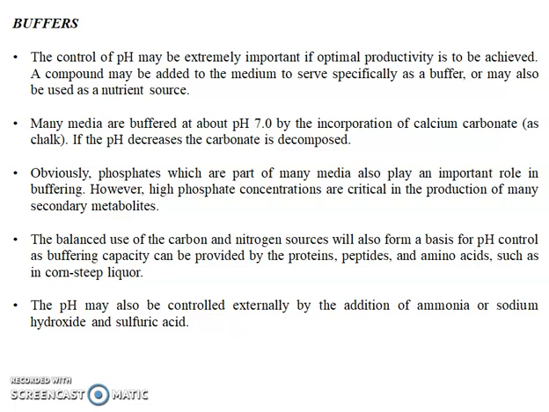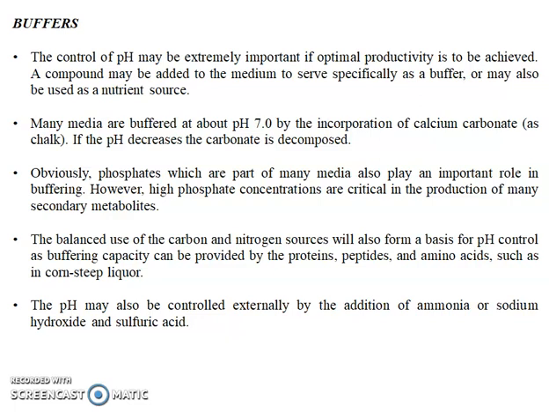When the pH decreases during the fermentation process, the carbonate is decomposed. Obviously, the phosphate in the media also plays an important role in buffering. Not only does it act as a nutrient for the microbial cells to grow, it also acts as a buffering agent to maintain the pH.